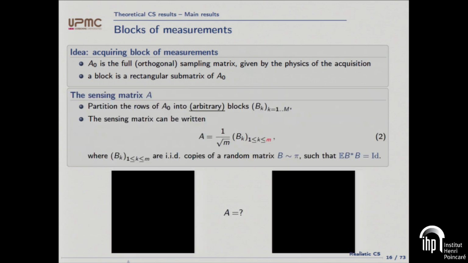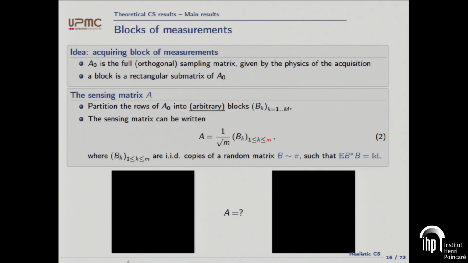So you have A0 here, you partition it into blocks BK, you have a number M of blocks BK, and then you draw blocks BK randomly and just concatenate them.